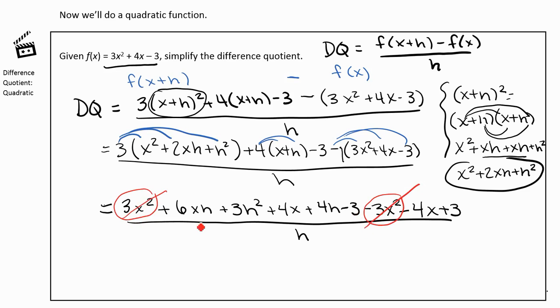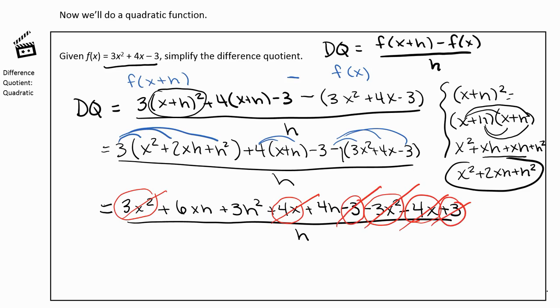Our 6xh has an h in it, we'll leave it alone for now. Our 3h squared has an h in it, we'll leave it alone. Now we get this 4x, which doesn't have an h in it. Down here we have a minus 4x. Those will cancel each other out. 4h has an h, so we'll leave it alone. Then we have a minus 3 here, and a plus 3 here, so those cancel each other out.